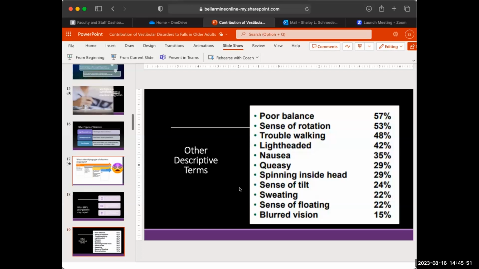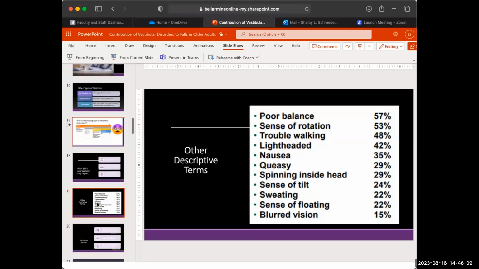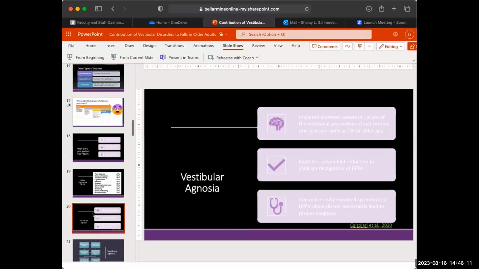So sometimes we miss the diagnosis of BPPV because they're saying things that aren't room spinning dizziness. They're saying, I'm feeling queasy, I'm feeling a sense of tilt, I have blurred vision, my balance is off, I'm having trouble walking, but they might not feel the sensation of spinning.